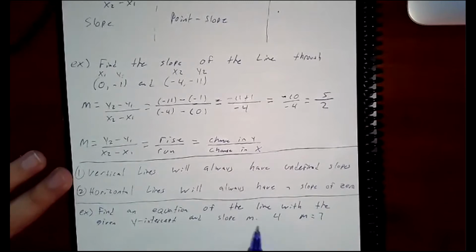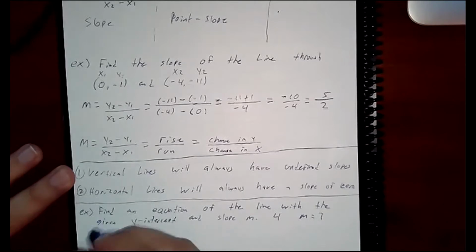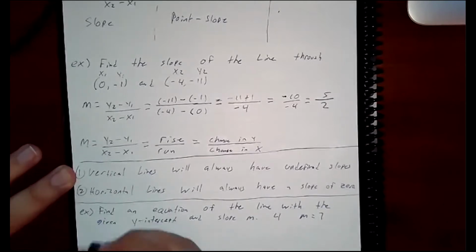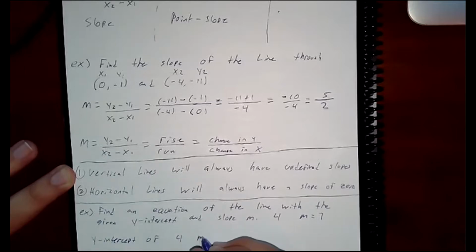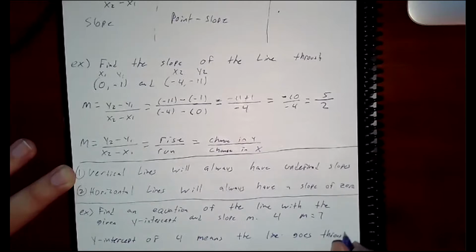So y-intercept of 4 means that you have a point. Y-intercept of 4 means the line goes through (0, 4).